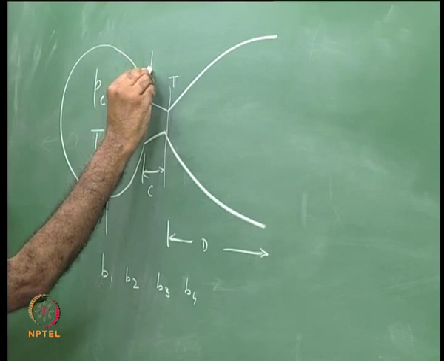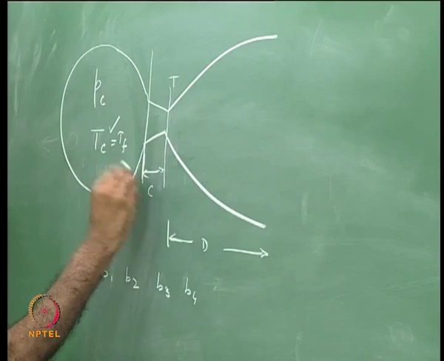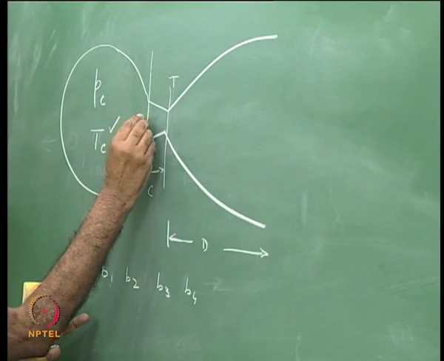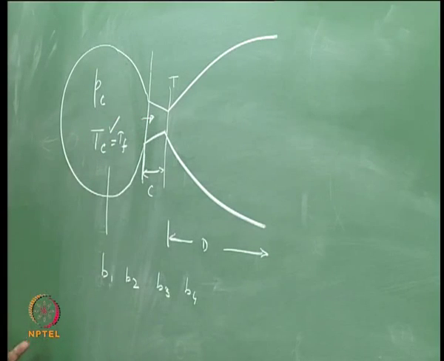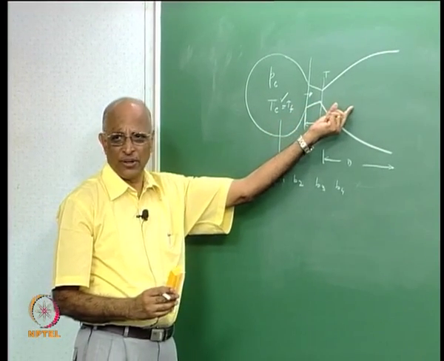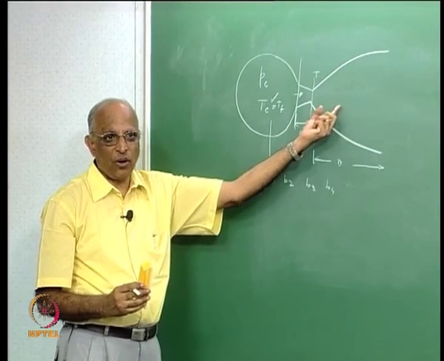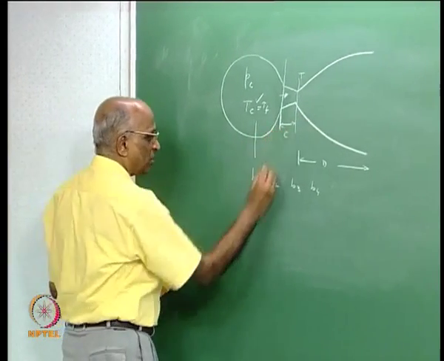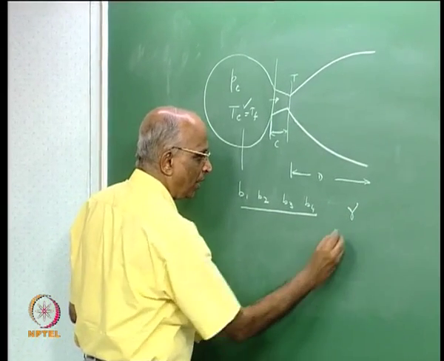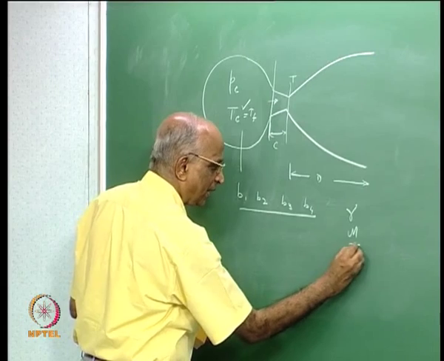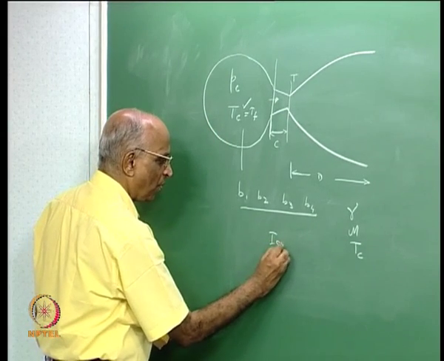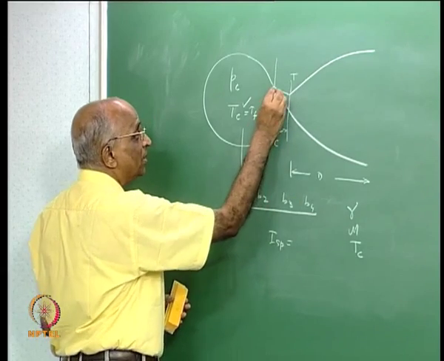What have we done so far? We have determined the products of combustion, that is the moles of the products, and the flame temperature as the gases enter the nozzle. Now what is going to happen to the flow over here? In our previous work on nozzles, we assumed that, knowing B1, B2, B3, B4 here, I can calculate the value of gamma, the value of M, and the value of Tc, and using the relation I got ISP for a one dimensional flow based on these products.